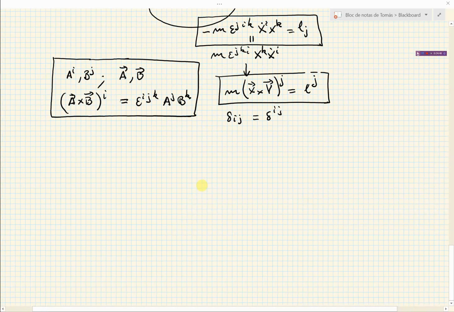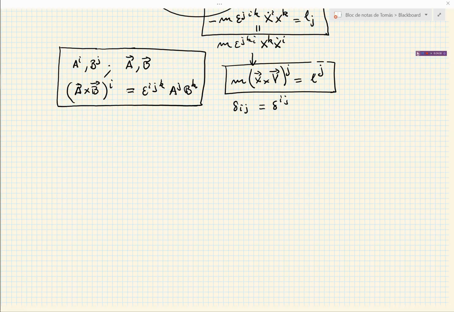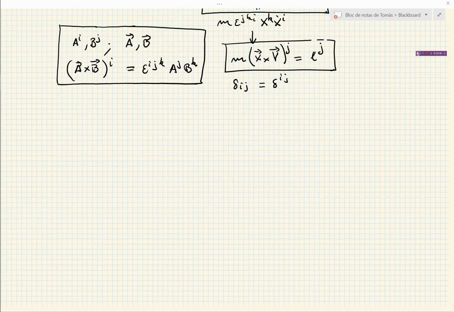So we have seen the proof of the first Noether theorem in the simplest setting. A generalization of this simplest setting would be to consider the possibility that delta S is not exactly invariant.